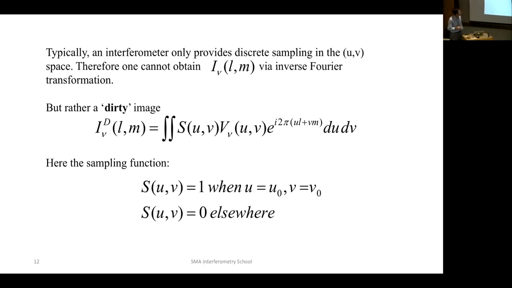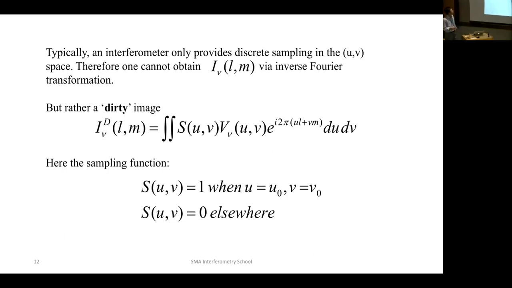When you have a data point measured at u0 and v0, the sampling function is 1, and elsewhere it is 0. So what we have is not actually the true distribution of the astronomical source, but rather what we call a dirty image, I_D(nu)(l,m). That is what we actually measure and get.